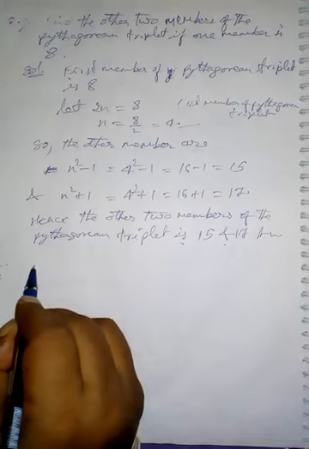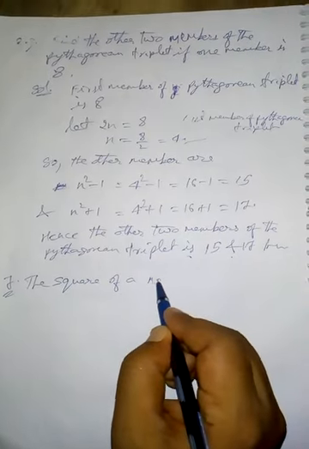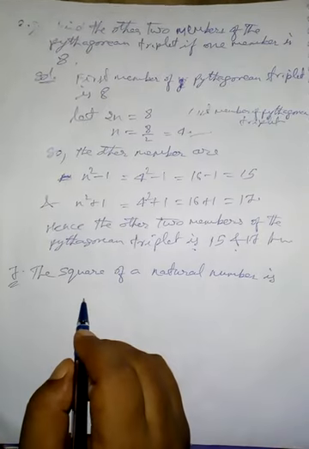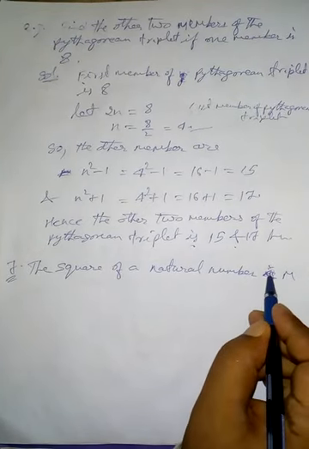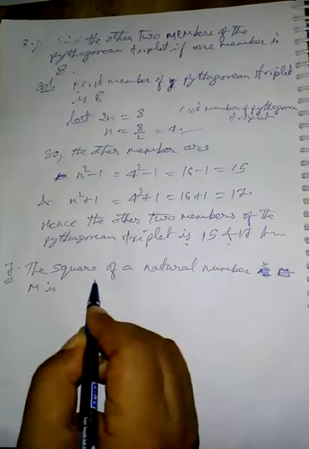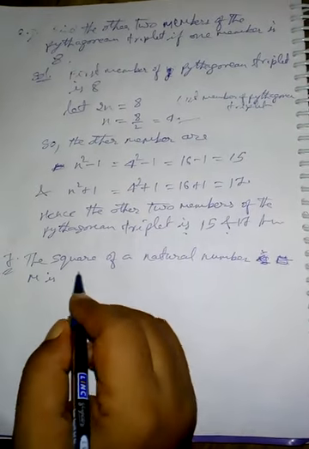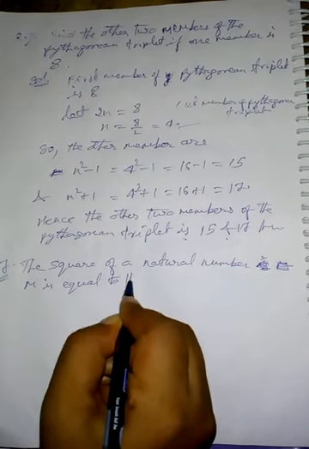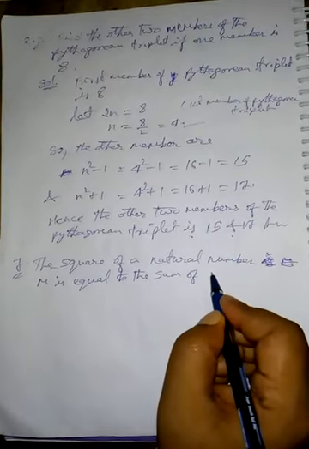The square of a natural number m is equal to the sum of two consecutive positive integers.